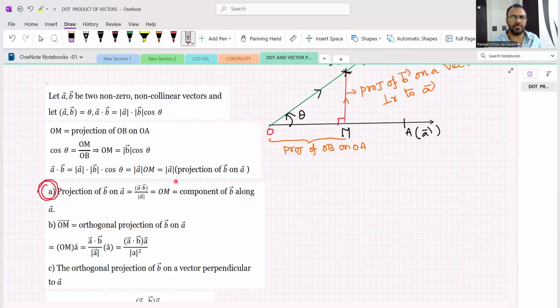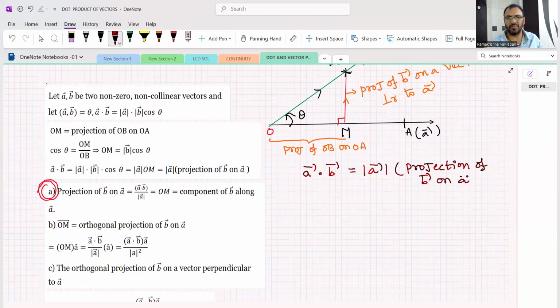So from this, A bar dot B bar is equal to modulus of A bar into the projection of B bar on A bar. Therefore, the projection of B bar on a vector A bar is equal to A bar dot B bar by mod A bar.